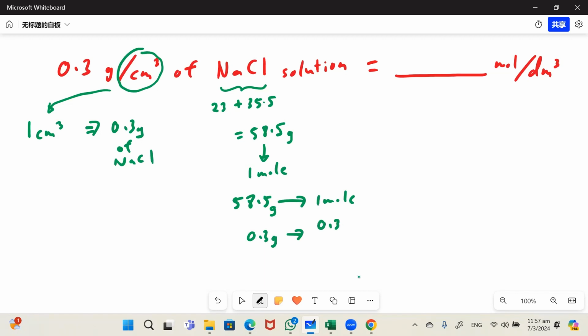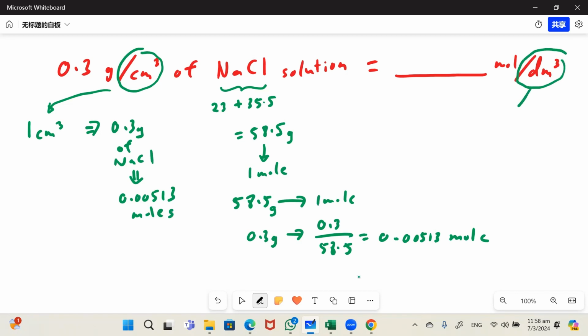Some very basic math: 0.3 divided by 58.5. We'll get a funny number, that's because I anyhow gave numbers. 0.00513 mole. So 0.3 grams of sodium chloride is 0.00513 moles.